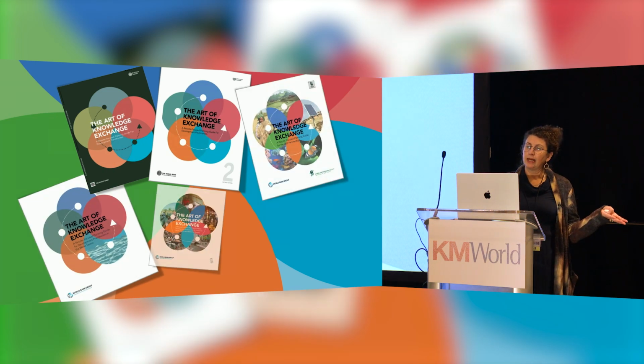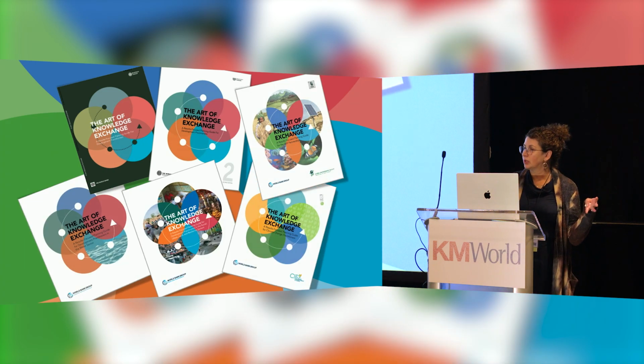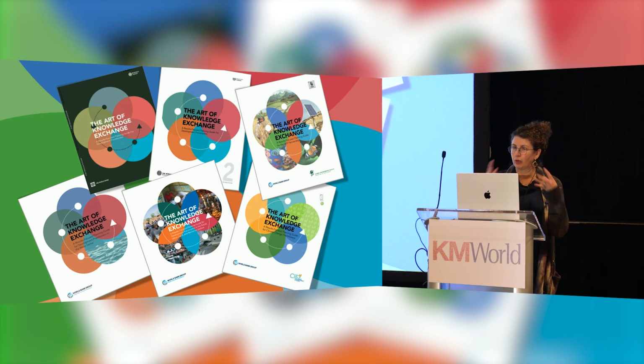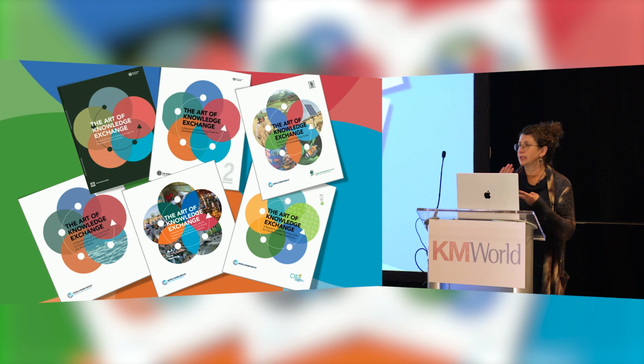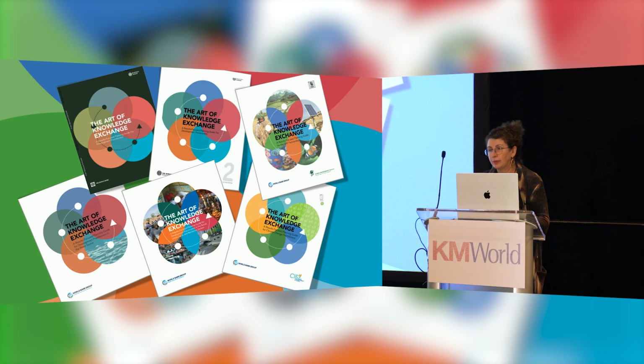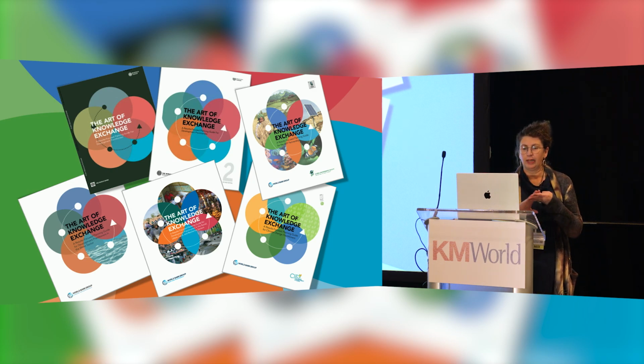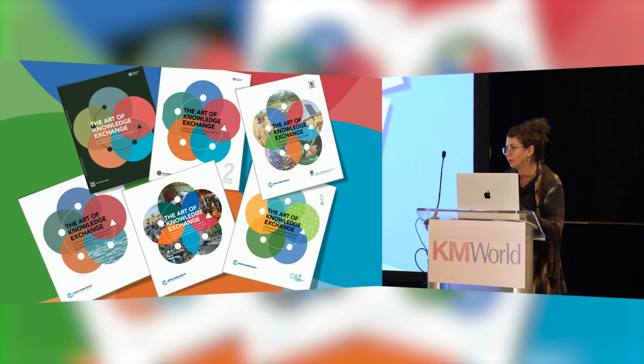So as Shilpa said, we had the first 2 books that really were the model and the toolbox. Then we worked with different sectors at the bank, with different practices: water and sanitation, urban development, and the Global Environment Facility.